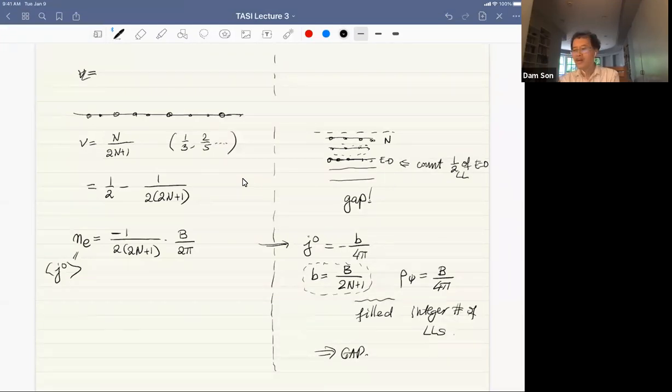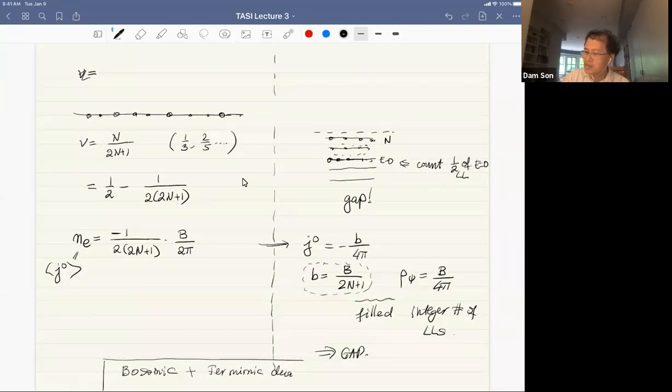Okay, so let me stop here, and next time we are going to dig more deeply into this duality. I'm going to show you these two dualities: this bosonic plus this fermionic duality. The fermionic duality is the one that we have used to explain certain features of the fractional quantum Hall effect.